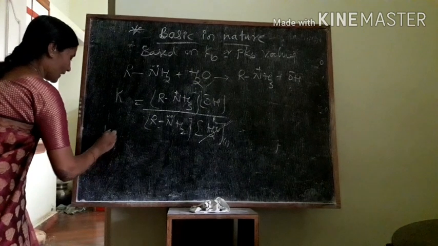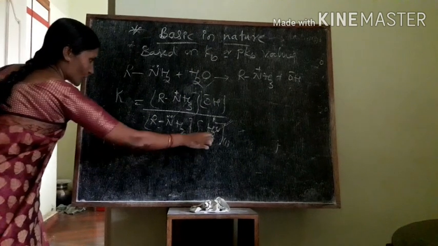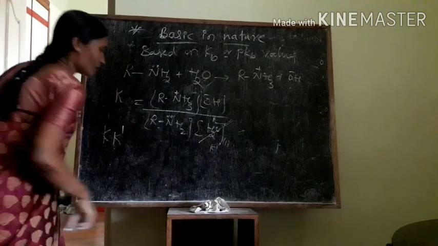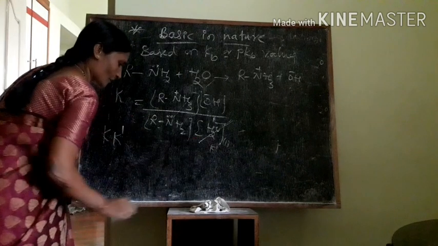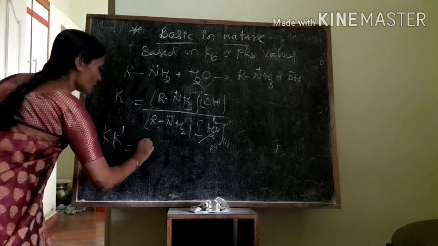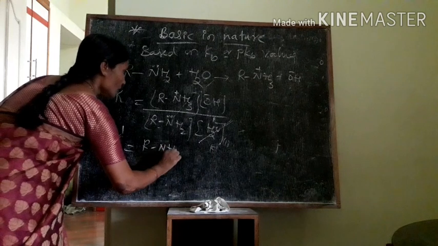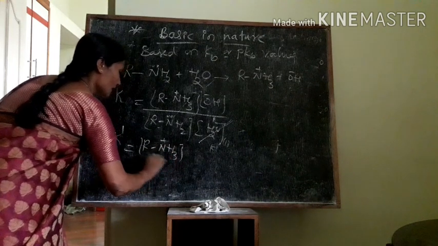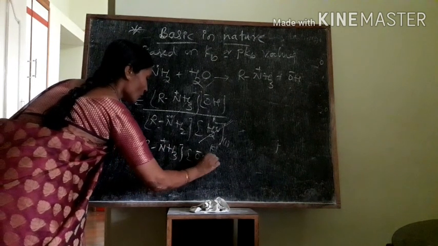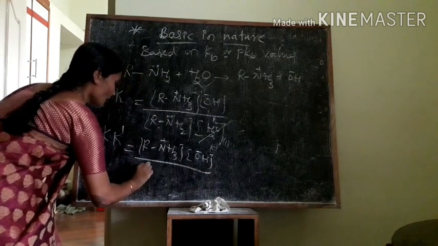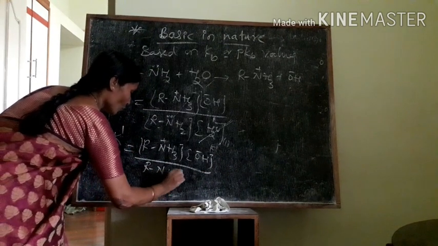Therefore, I will represent this simply as a constant K dash. Now it becomes K dash equals RNH3+ times OH- divided by RNH2.